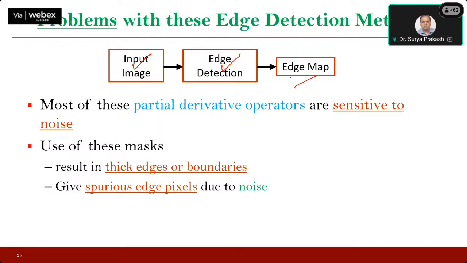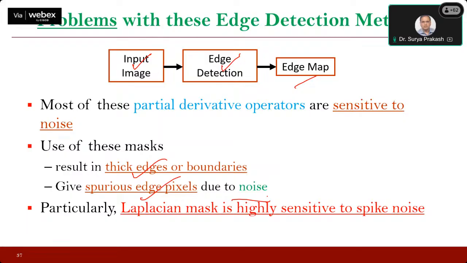If you have noise, you will get thick edges, and in place of a very fine edge with respect to the true edge, you will get thick edges, and also spurious edge pixels. Some pixels appear to be edges but are actually not true edge pixels. So because of the noise, you may find these issues.